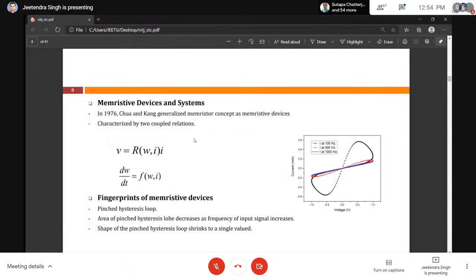And in 1976, he generalized the concept of the memristor and defined it as memory systems.